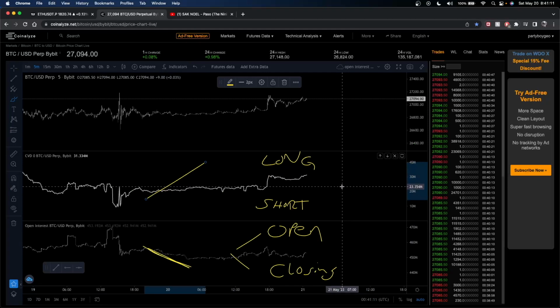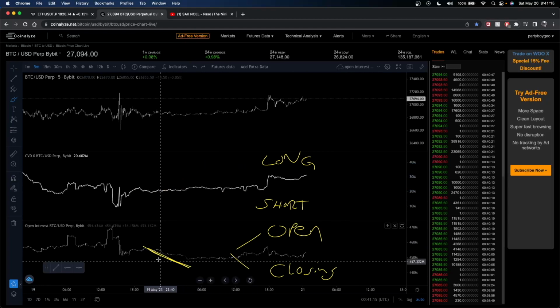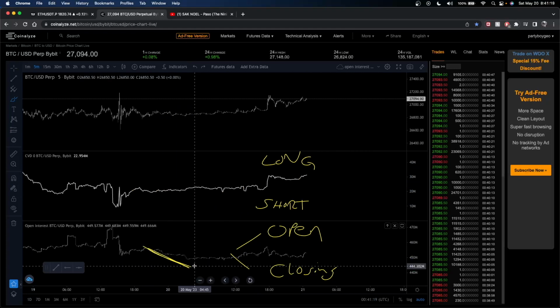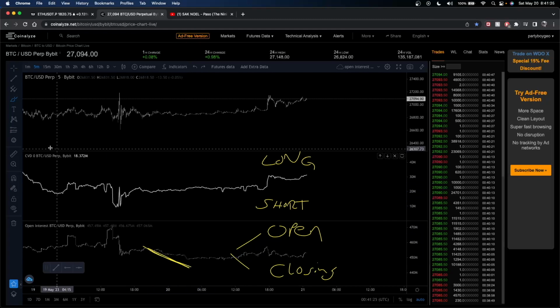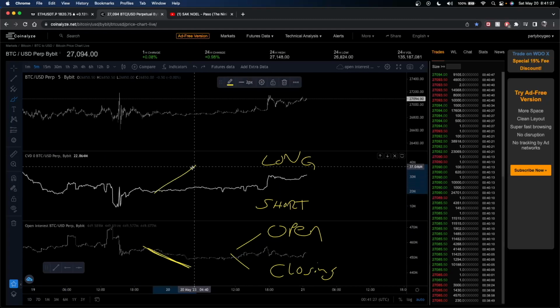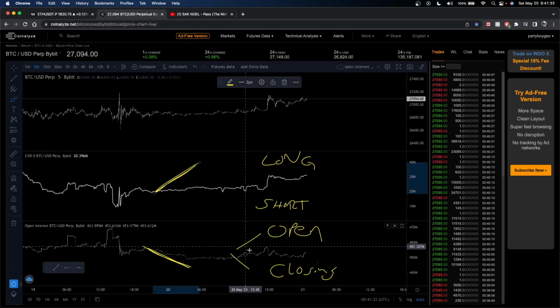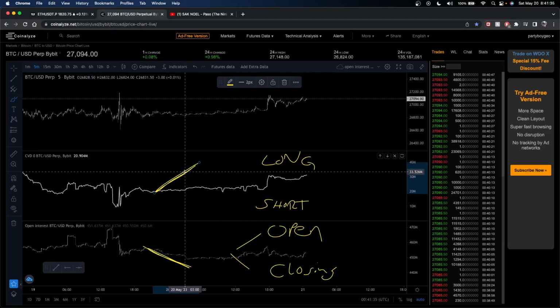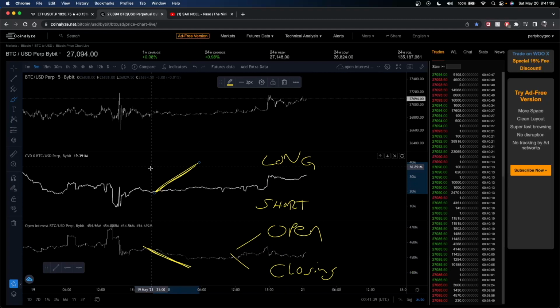I'm going to go over it one more time because this is where it can get a little bit trickier. If open interest is decreasing, then that means that positions are closing. So if CVD is increasing, that means that these positions that are closing are shorts covering by buying back the position.